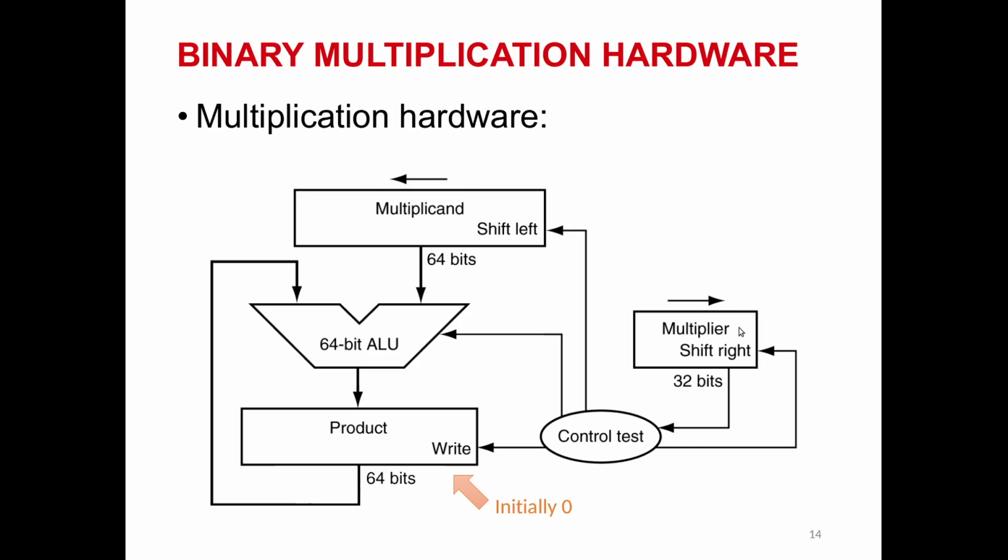If the bit 0 of multiplier is 0, we will do nothing with the product, but just shift the multiplicand 1 bit to the left and shift the multiplier 1 bit to the right. And of course here you can see that we will need to initialize the value of product by value 0.